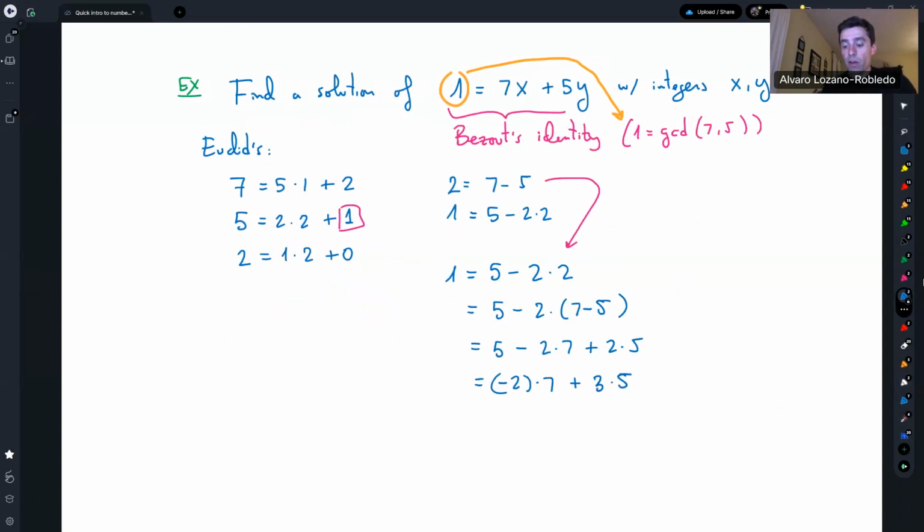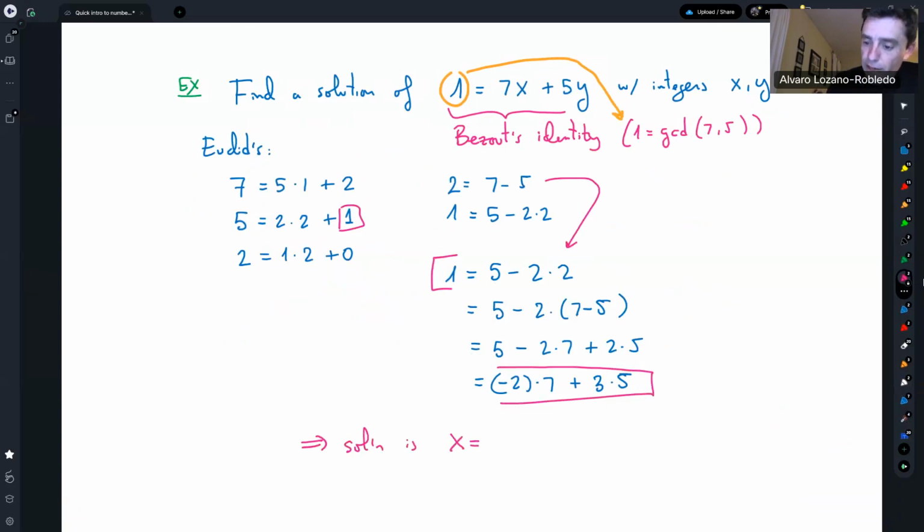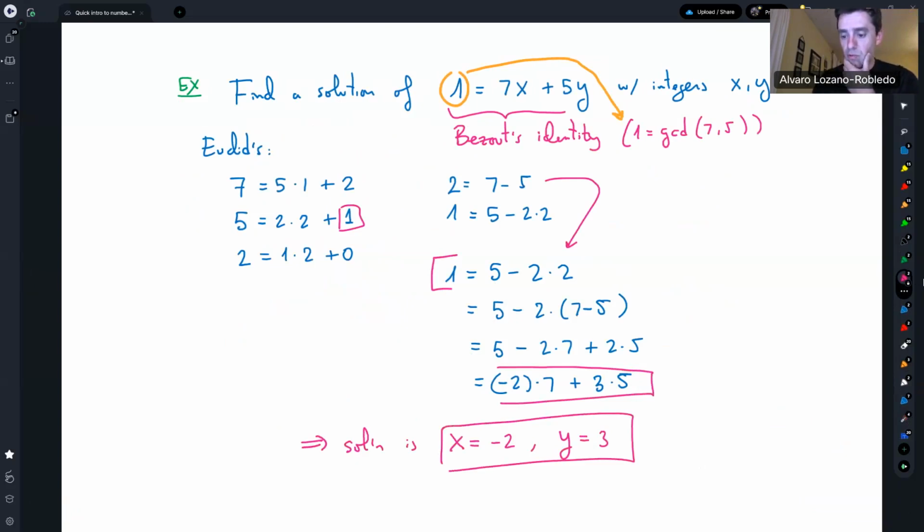And here we go. We have it, because this is telling me that 1 is a linear combination in integers of 7 and 5, which is what I wanted. So the solution is x is minus 2 and y is 3. That's my solution to Bezout's identity that we were looking for.